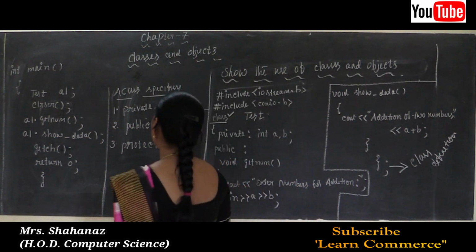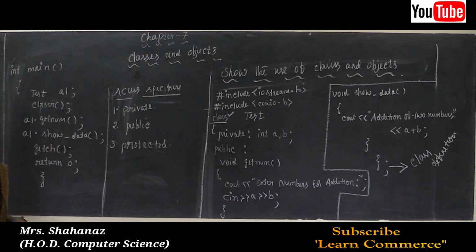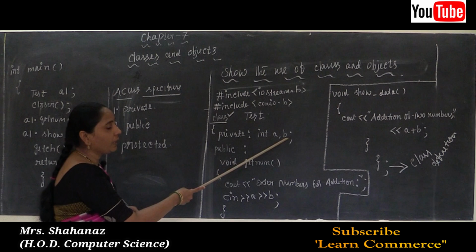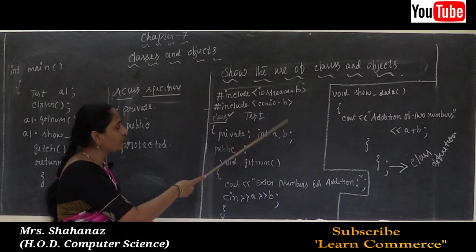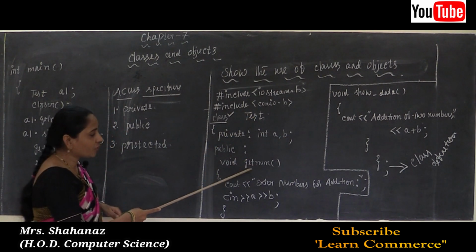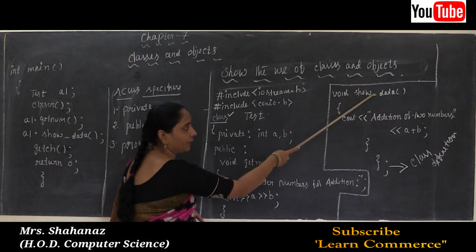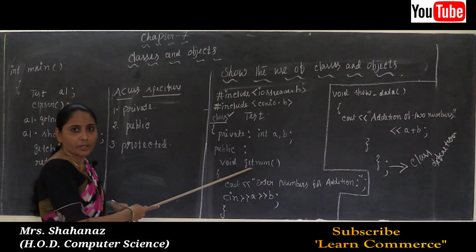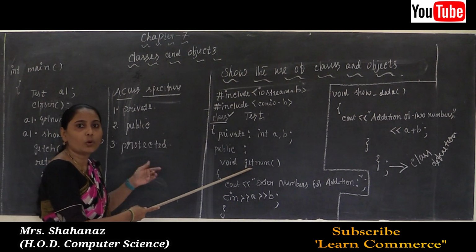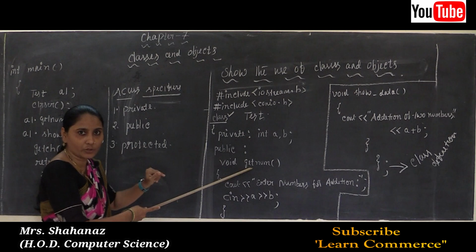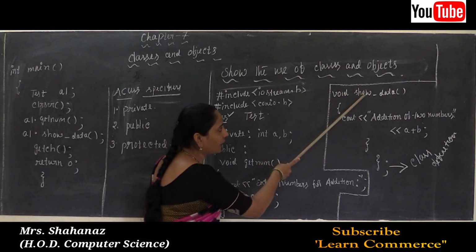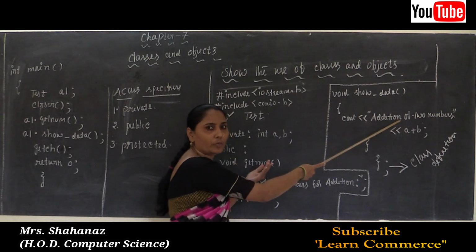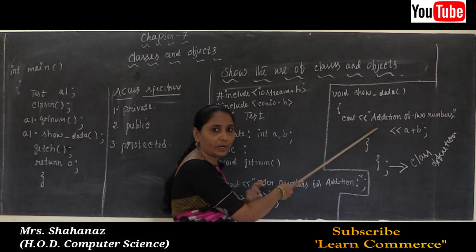So in this program, we can say A and B are the data members of the class test. getNum and showData are the member functions. getNum is used to input data values, to enter the values, and showData is used for the addition of two numbers, or in other words, to display the sum of two numbers.